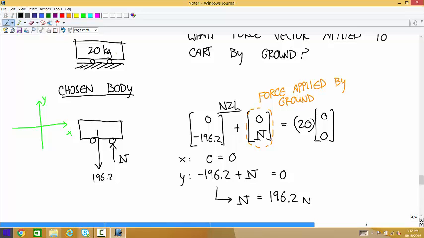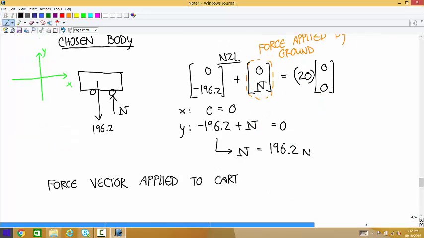We solved for n, so plug that value back in here, and you get 0, positive 196.2. Any questions about that?